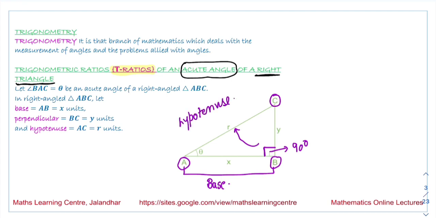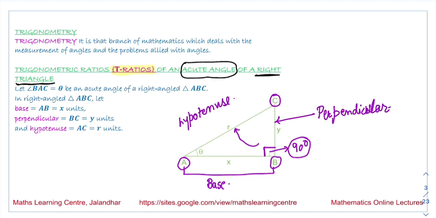It is formed between base and the perpendicular. The side opposite to this 90-degree angle is called the hypotenuse. These are the fixed terms we are talking about. This is the base, this is perpendicular.